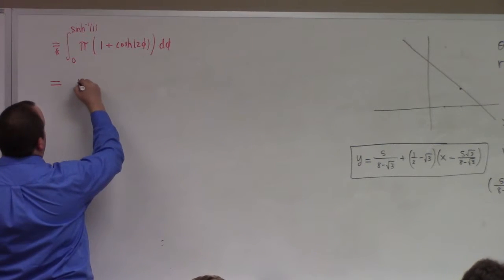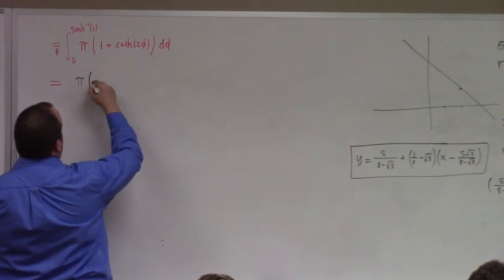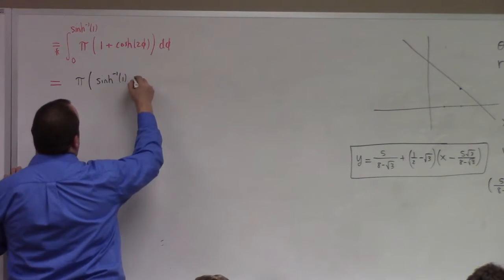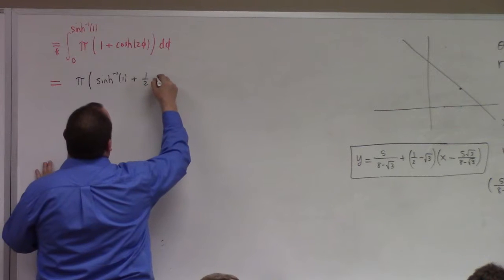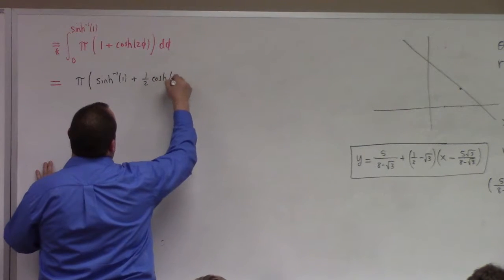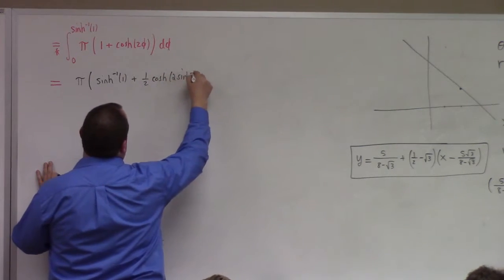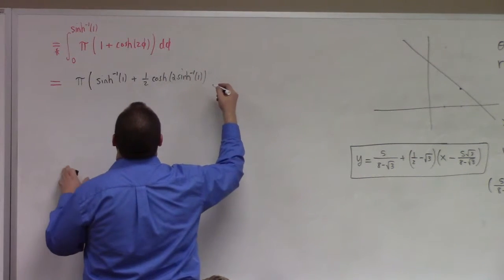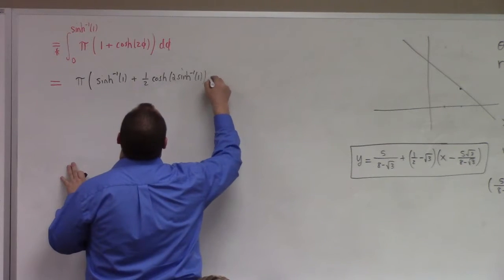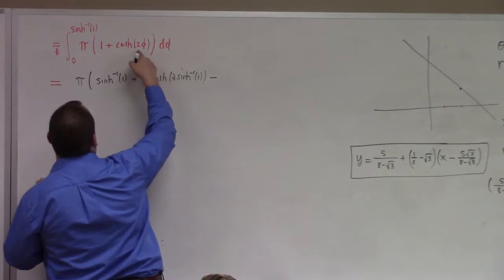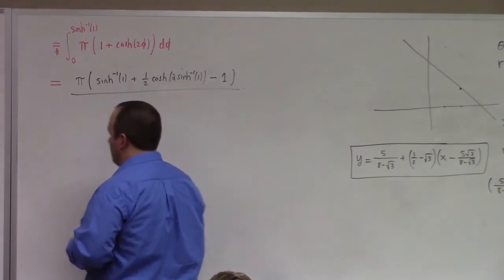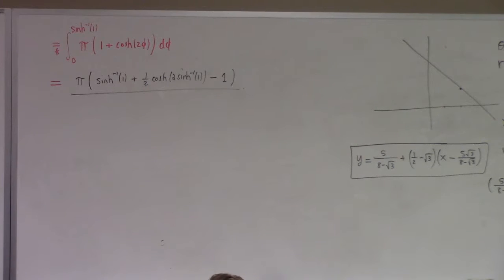So this is pi times sinh inverse of 1 plus 1/2 the cosh of 2 times the sinh inverse of 1, and then minus the thing at 0, which gives me 0, and then minus, put phi equals 0 into this, gives me a 1. And of course, you can find a numerical value with Wolfram Alpha or something.